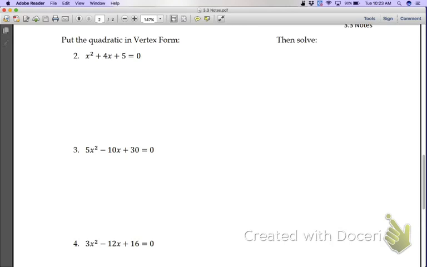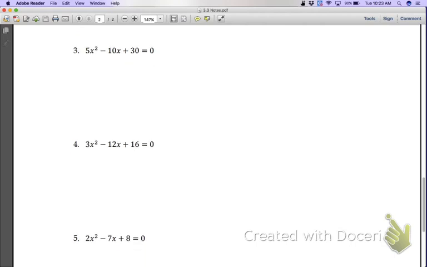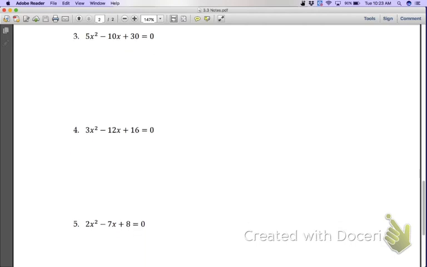Now, one thing I will tell you as you go, let's skip 2 and go to 3. What can I do here with everything? I can factor out a 5, right?